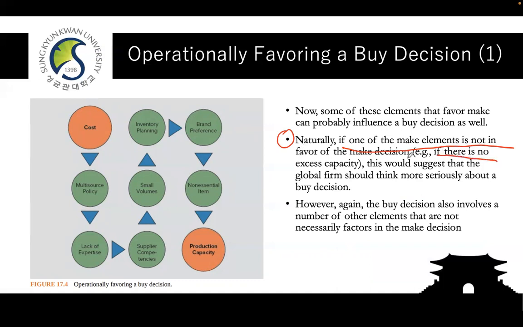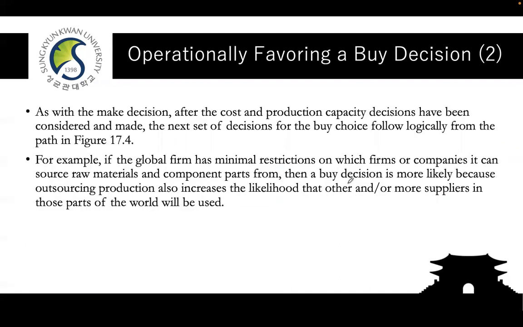For example, if there's no excess capacity and you are running at full capacity, maybe it's not realistic to make more, because you don't have the excess capacity. So I think it's more pragmatic, more realistic to consider a buy decision. Just look at the previous factors; if they go in the opposite direction, then maybe we should consider buying.